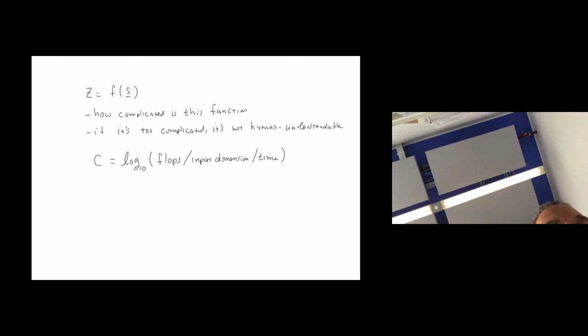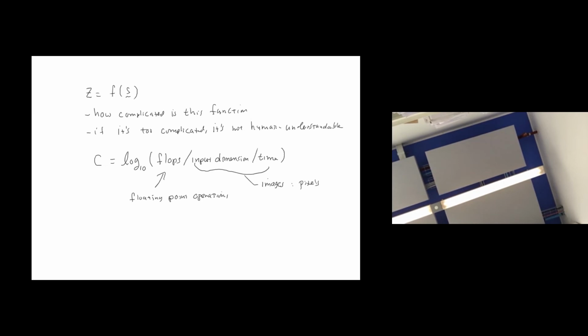Okay. So these are floating point operations. And if this were images, this is pixels.